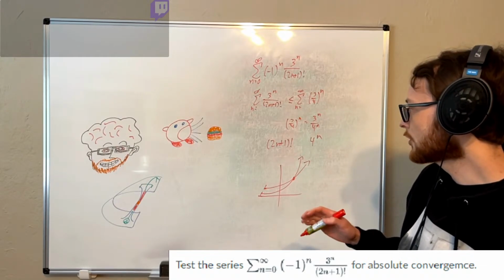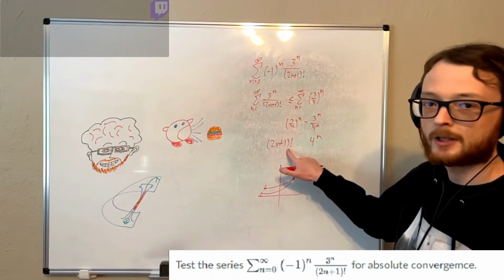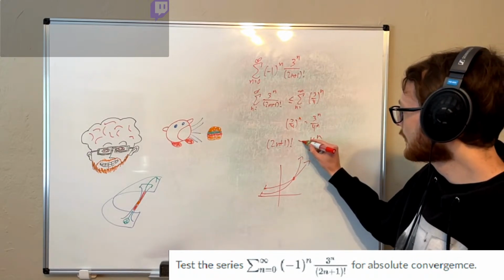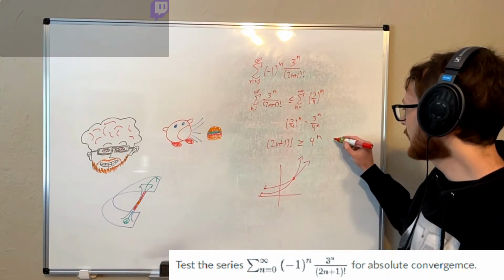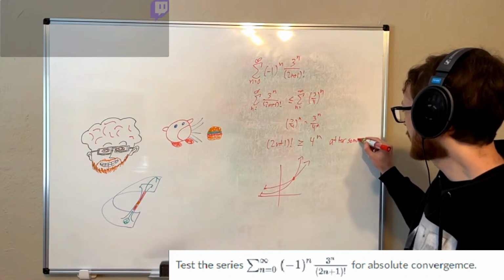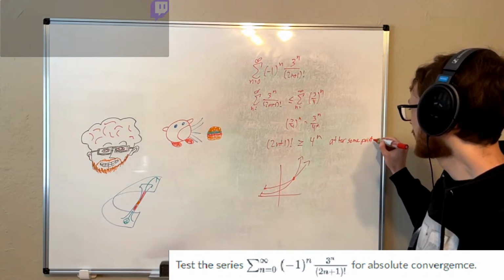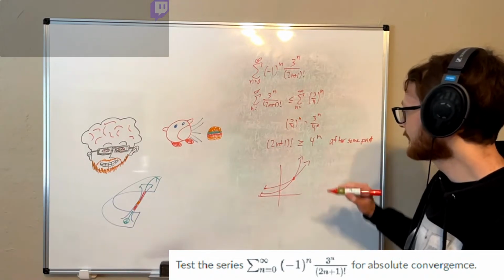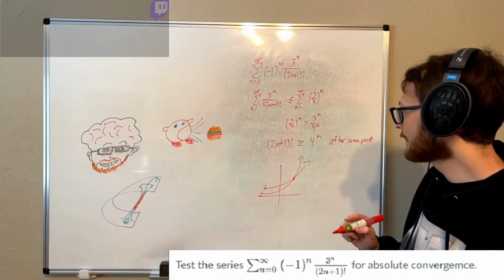It's usually good enough that factorial generally increases much faster than exponentials. So after some point n.